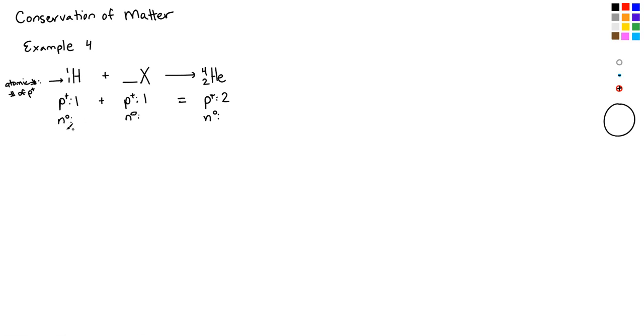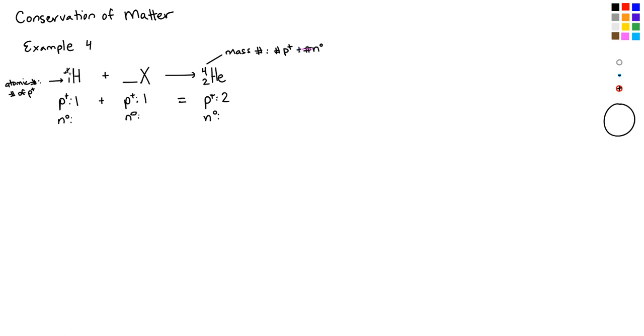And now let's look at our number of neutrons. This is a little bit trickier. Remember that our mass number is our number of protons plus neutrons. So let me write that. This is our mass number, and it tells us our number of protons plus our number of neutrons, right?